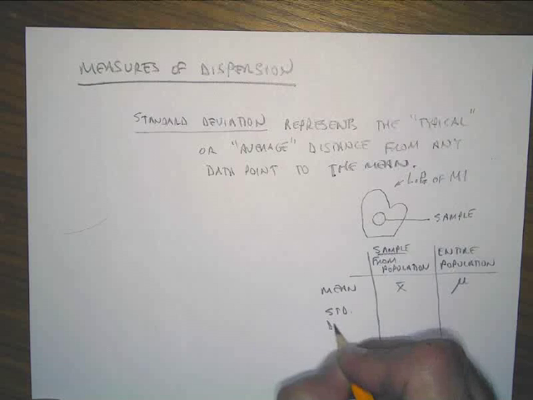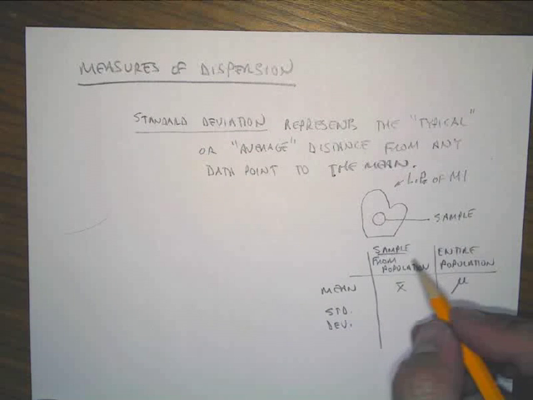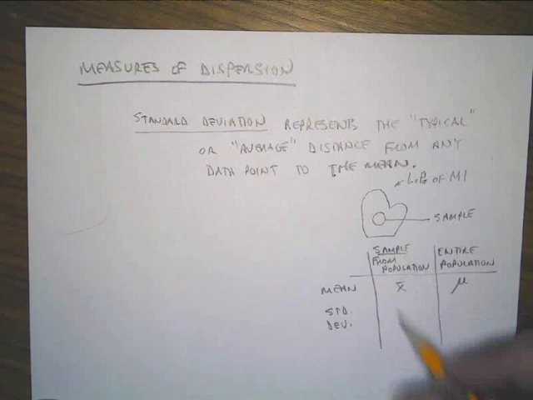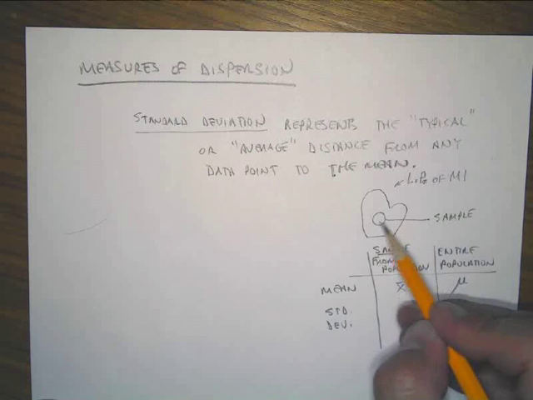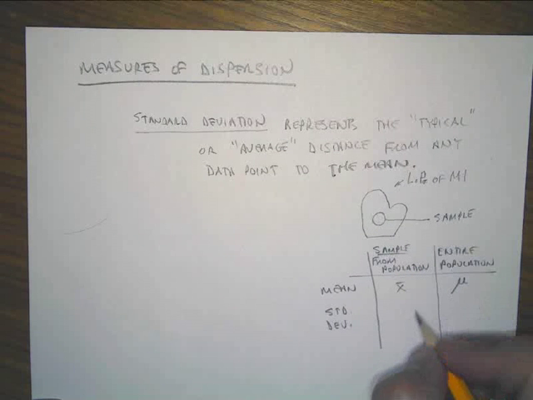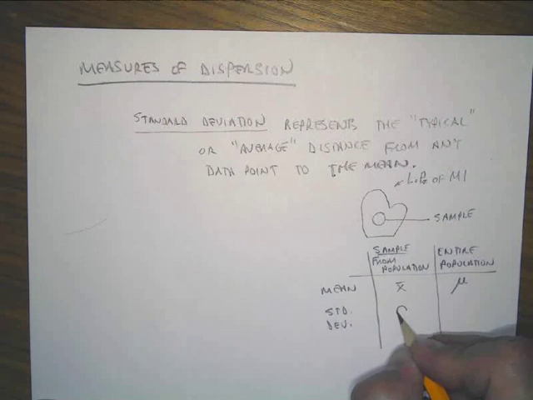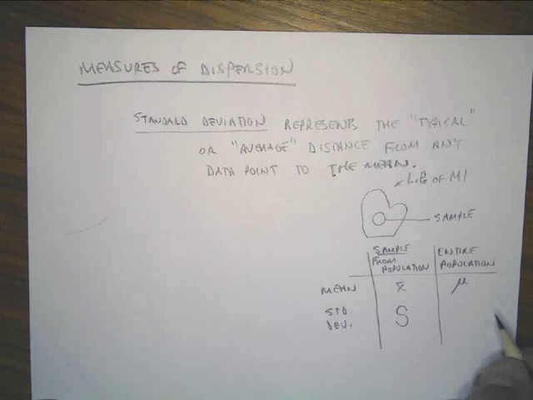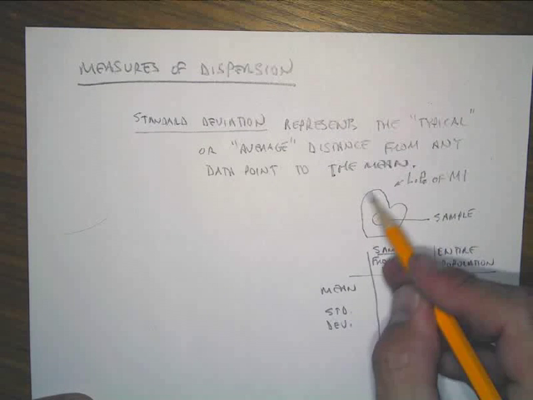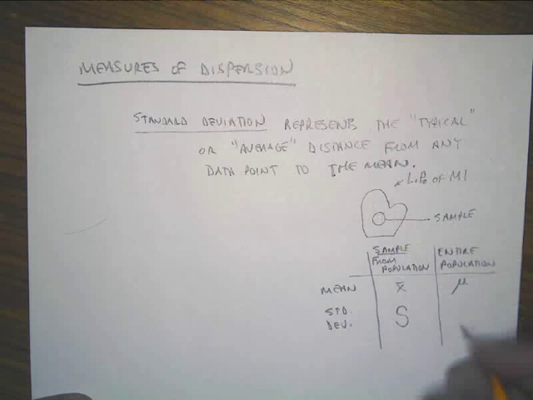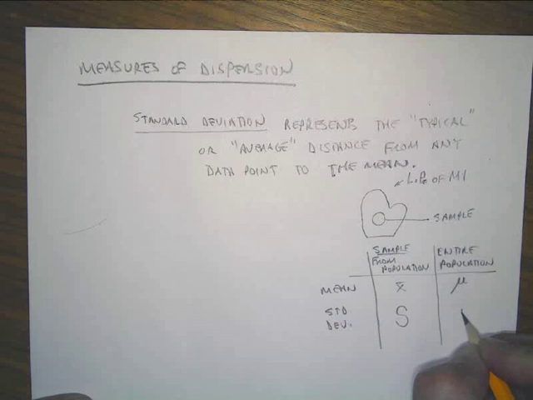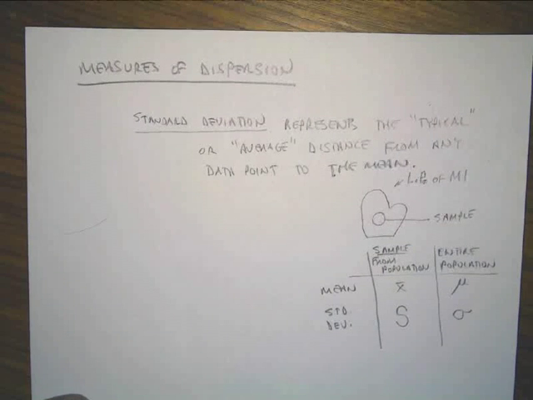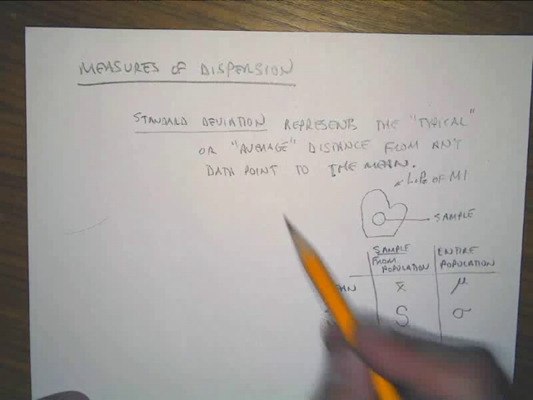The standard deviation for a sample from the population, a small group of people from the entire population, is represented with a capital S. And if we calculate the standard deviation of the entire population, we represent that with the Greek letter sigma, which looks like that. Pretty crazy.